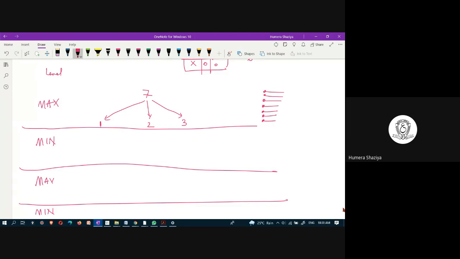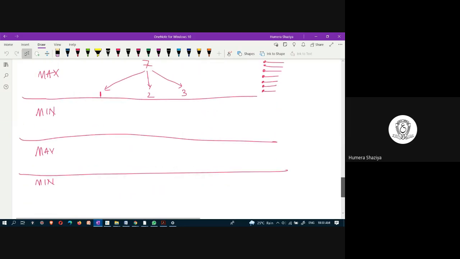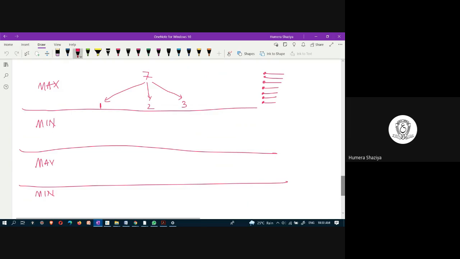So any one choice Max could take: 1, 2 or 3. If Max chooses 1, how many would be left in the pile? 6 would be left. If Max chooses 2, the pile would comprise 5 now. Why 5? Because 2 have been chosen by Max.